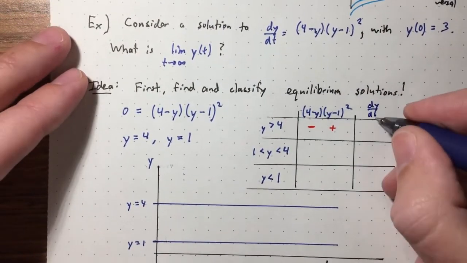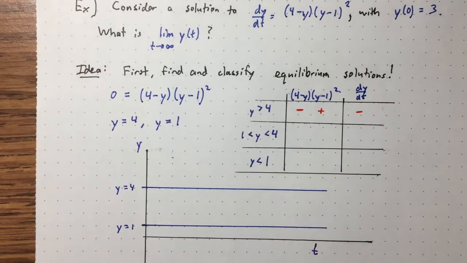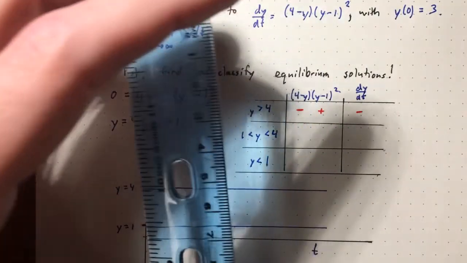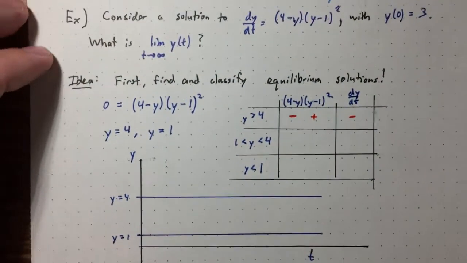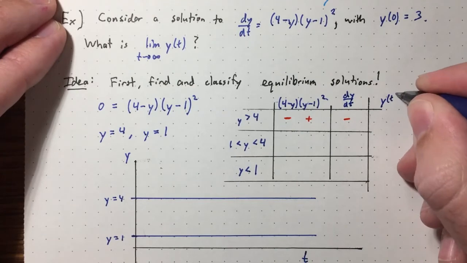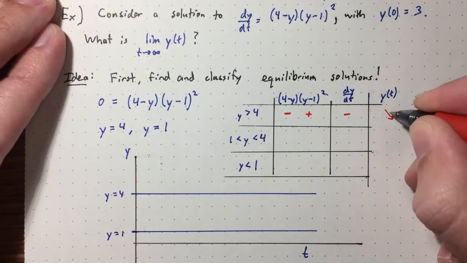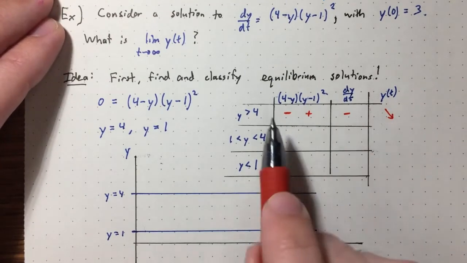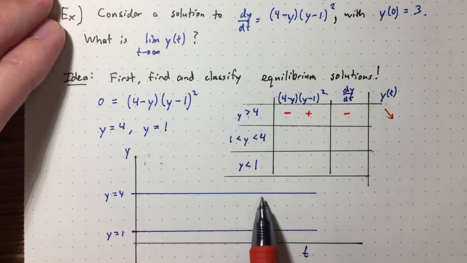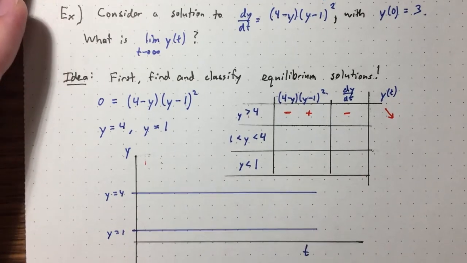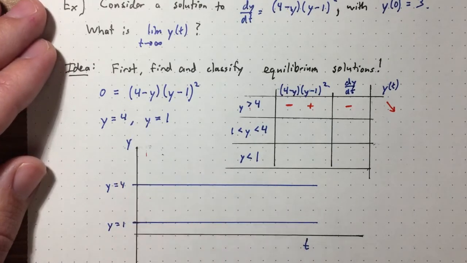This is dy/dt. Well, a negative times a positive is a negative. So dy/dt is negative. And so what does that mean about y of t? y of t is going to be decreasing. So my solutions that start above 4 will be decreasing toward this equilibrium here. Such a powerful concept. Any solution up here is going to be decreasing to this equilibrium.